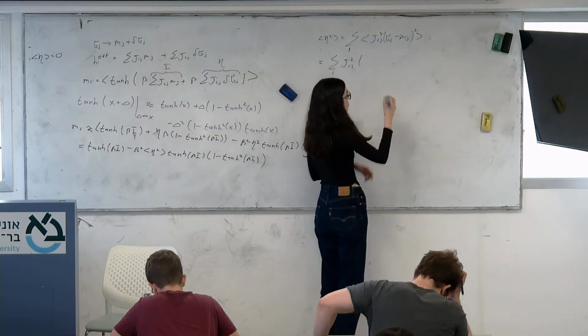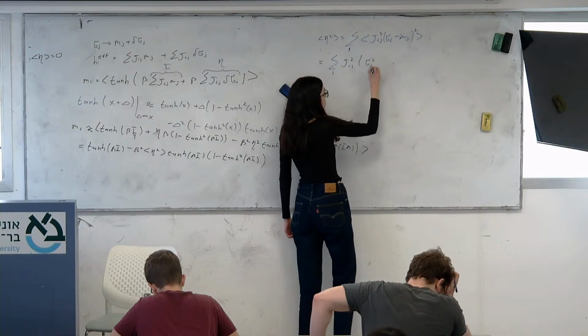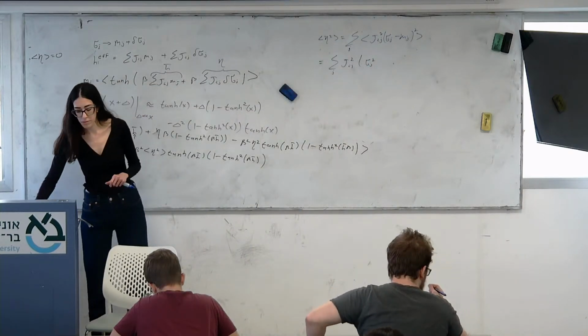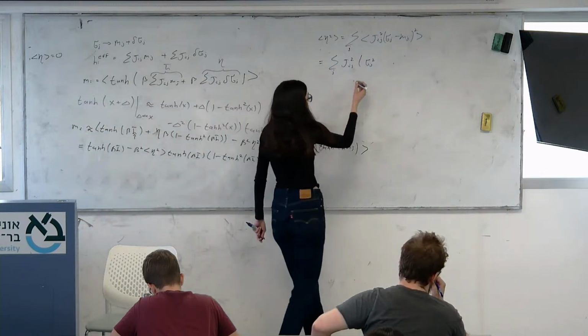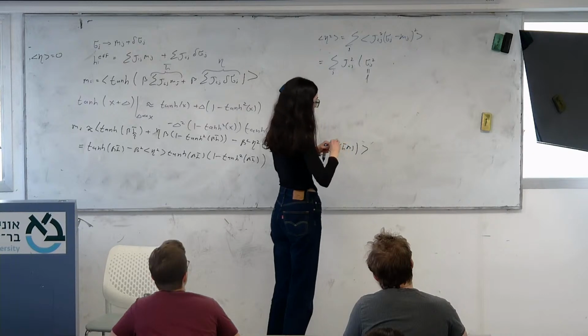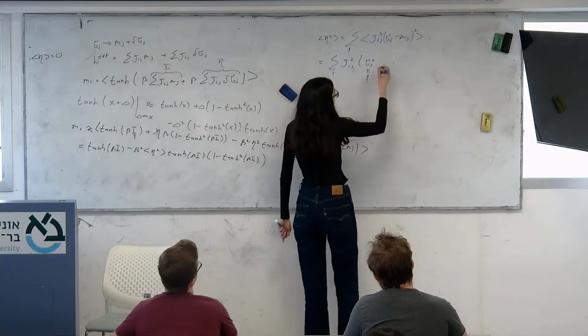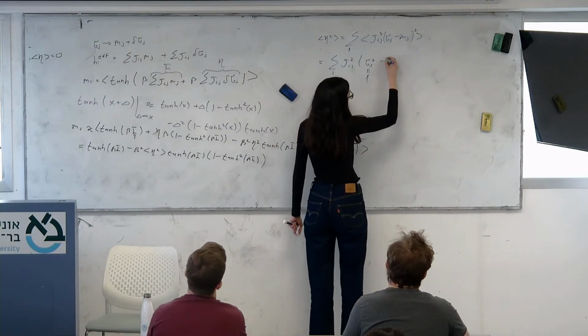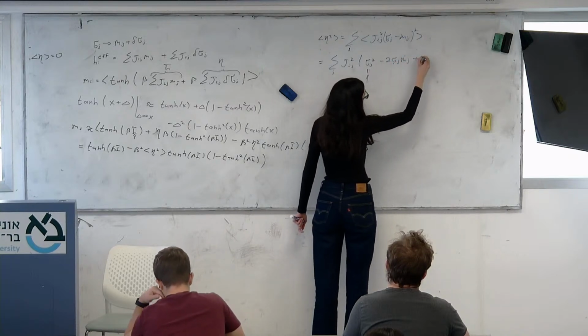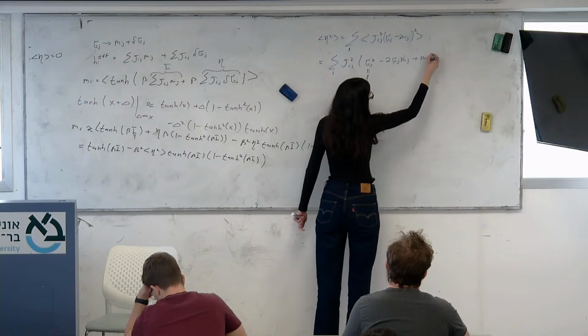So the first term is sigma square, which is just 1, right? Because sigma equals plus or minus 1. So sigma square is equal to 1. Then we have minus 2 sigma j mj plus mj squared.